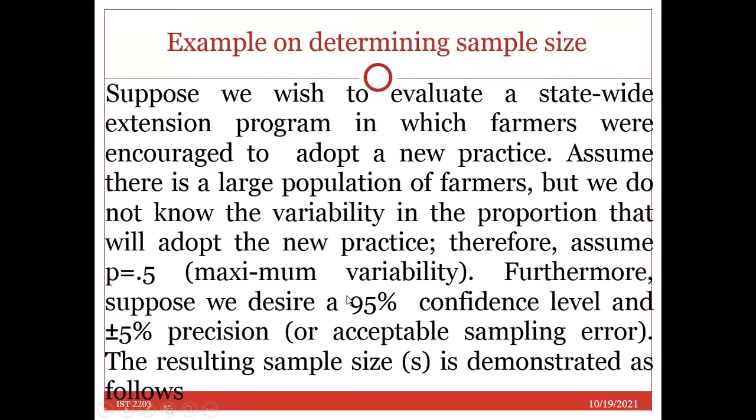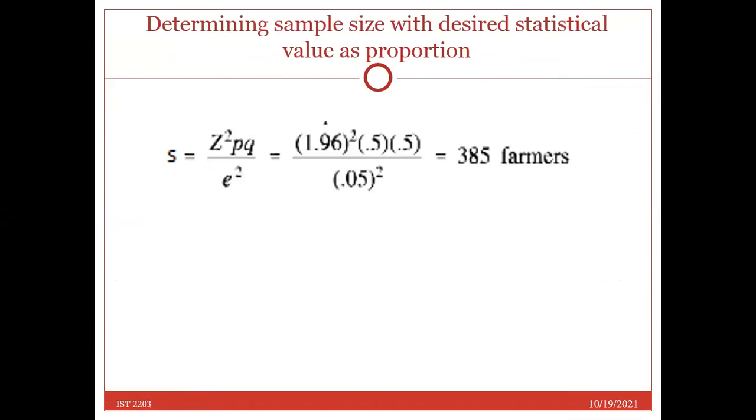And then we propose a confidence level of 95%. We want to be 95% confident in our results. And then we have a sampling error of plus or minus 5. I shall answer the question in the chat just after this. So then we just fill in our values.